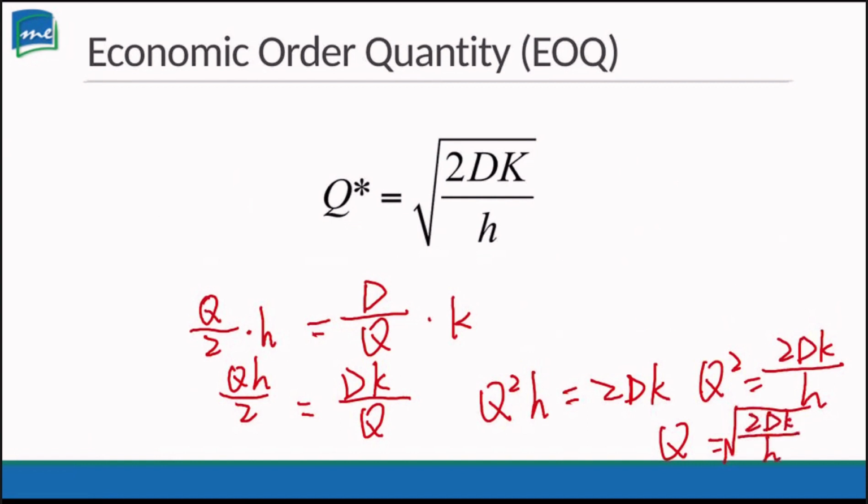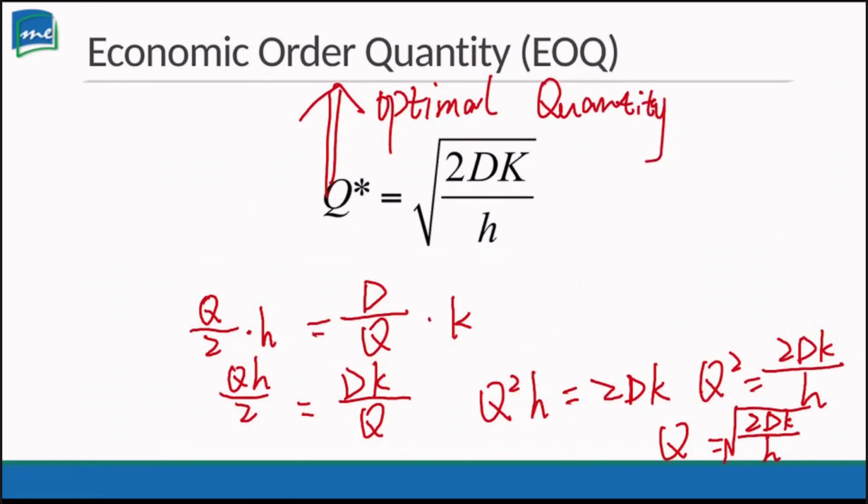So this is what we have for Q, and the Q here is what we call the optimal quantity. This is the quantity you need to place per order so that you will have the minimum total cost. So this is the EOQ, the optimal quantity, we call it the EOQ.